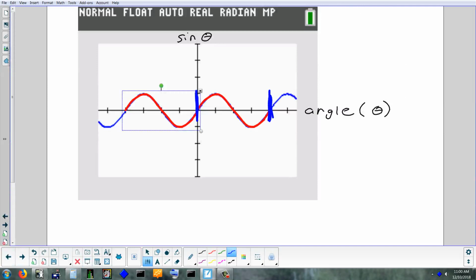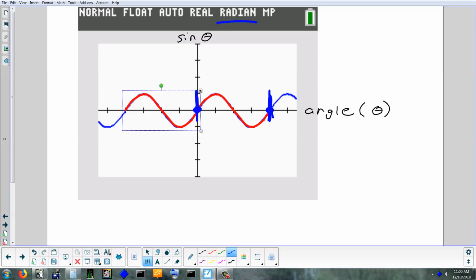You could slide those 2 markers left and right, as long as you keep them, in this case, 2 pi units apart. What we're looking at here, this graph is in radians. So that would represent 0 radians, and that would be the end of our first cycle.